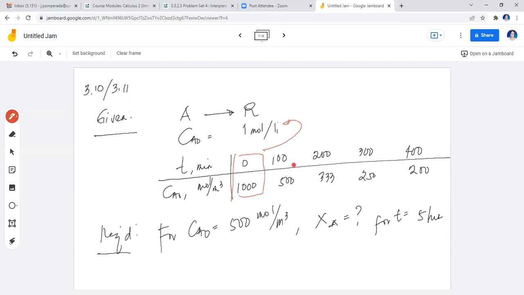Now we go to the next information here because we cannot use the initial concentration anymore, since it's a constant. So we can place the CA0 in terms of mole per cubic meter, which is 1,000. Now we go back to that data there. So we use the 100 and the 500.